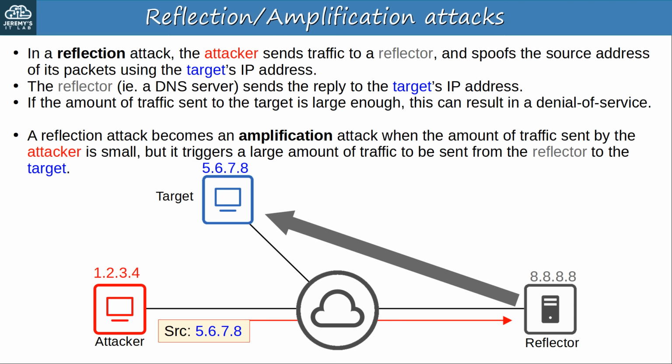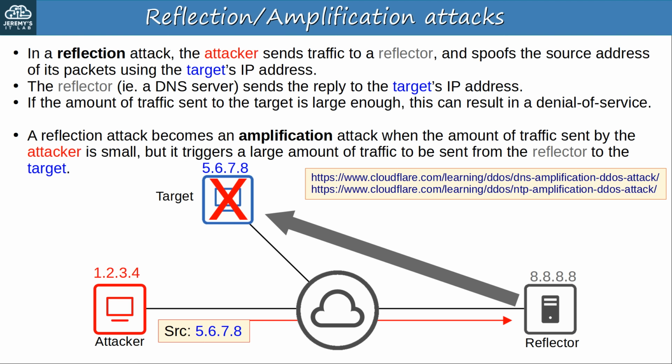The attacker's message causes the reflector to send a large amount of traffic to the target, resulting in a denial of service. For example, there are DNS and NTP vulnerabilities which can be exploited for amplification attacks like this. You can check out these Cloudflare articles to read about them. Do a Google search for DNS amplification attack or NTP amplification attack, and you'll find these articles.